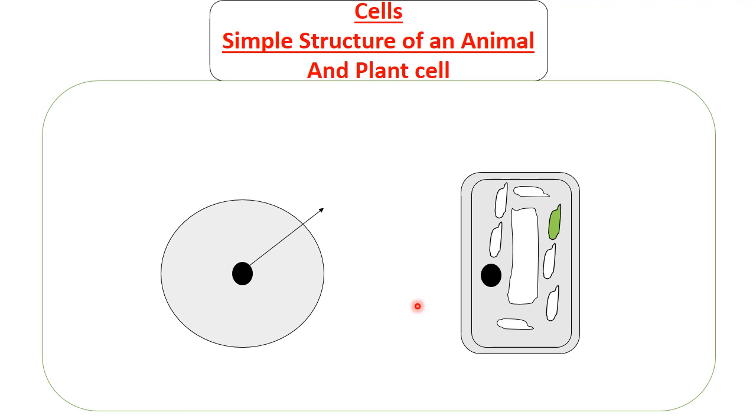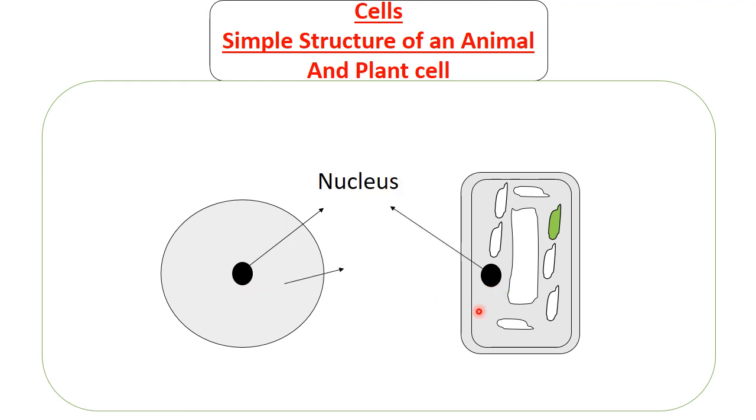Later we're going to look at the detailed structures of the animal and plant cell. So an animal cell is this one. All animals have cells that look like this one. All plants have cells that look like this one. The two cells share some similarities and have some differences. One of the common things they share is this black-like thing here, which is called a nucleus.